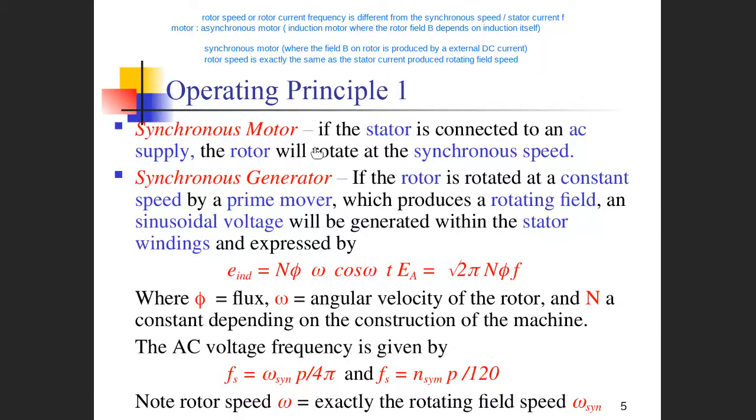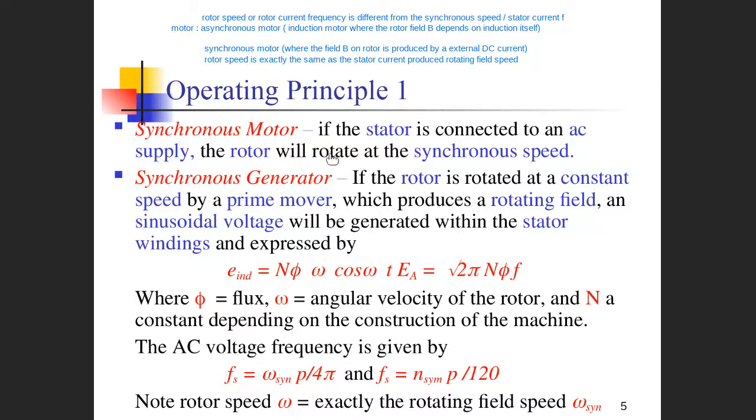For the synchronous motor, if the stator is connected to an AC supply, the rotor will rotate at the synchronous speed. Why? Because the rotor's magnetic field is not due to induction, but produced by external DC currents, which we did not study in the generator and motor parts, but introduce here. So now you understand the meaning.